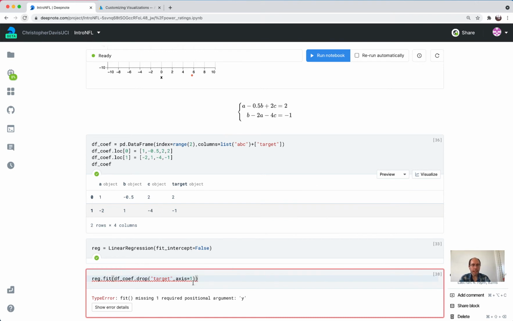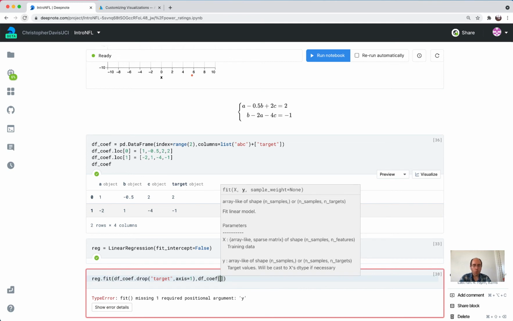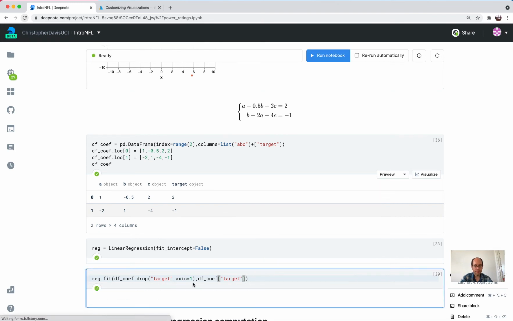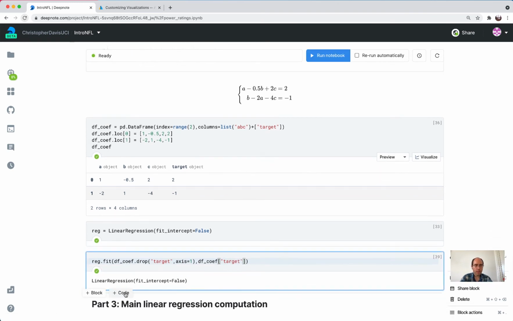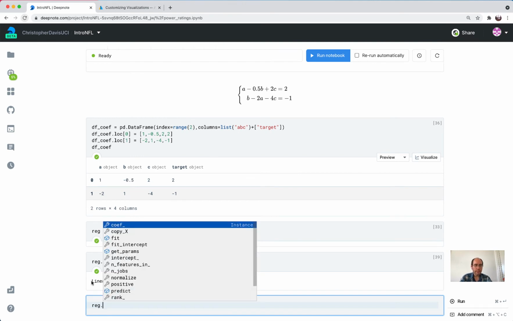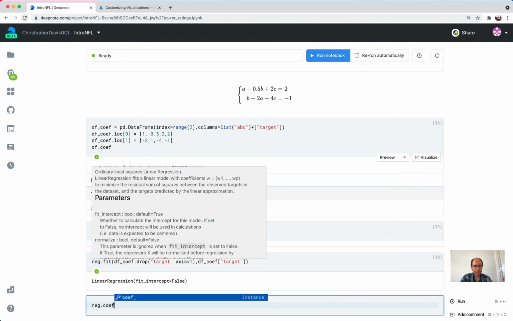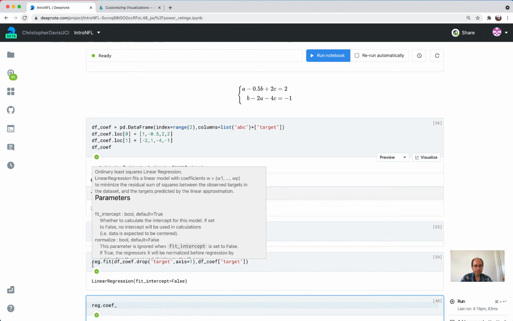So still get an error, but a different error. And so now I'm going to say, what is my y values? Like, what are my desired outputs? That's from the target column. Okay, looks like that worked. And now we can find the coefficients. Let's look at them.